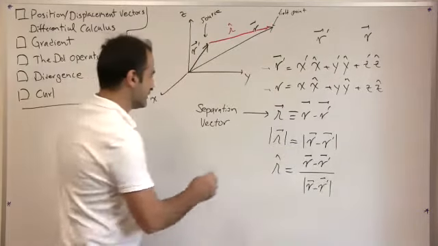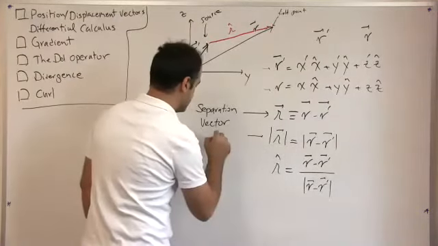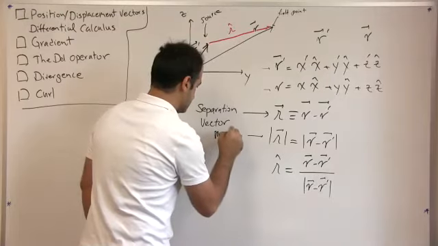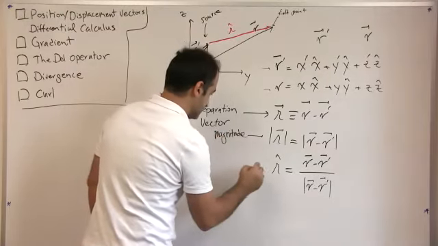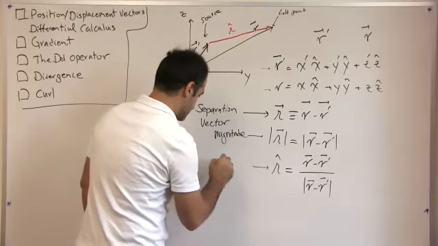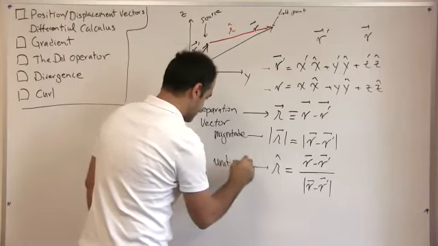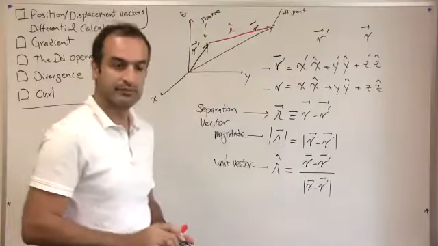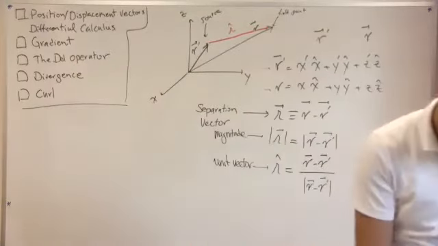Okay, so this is the magnitude. And this is the unit vector. Sounds good?